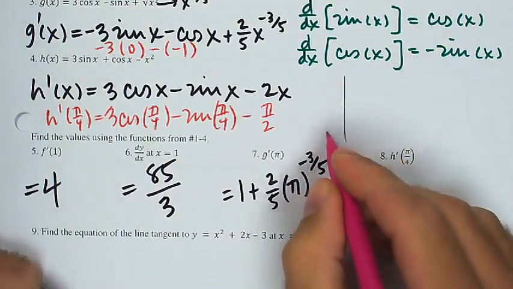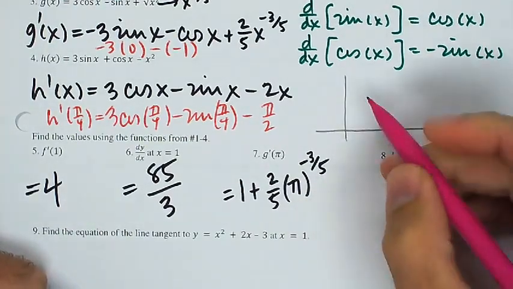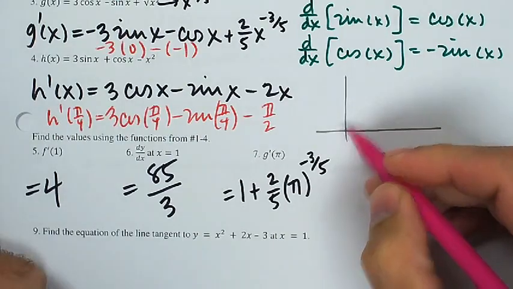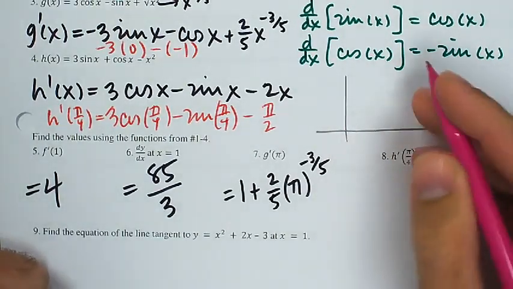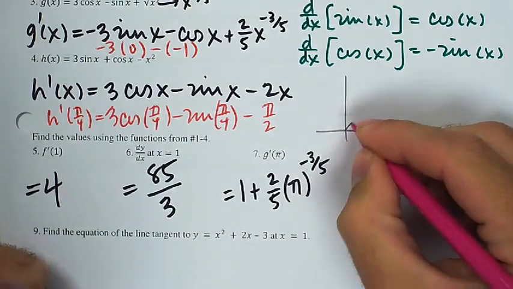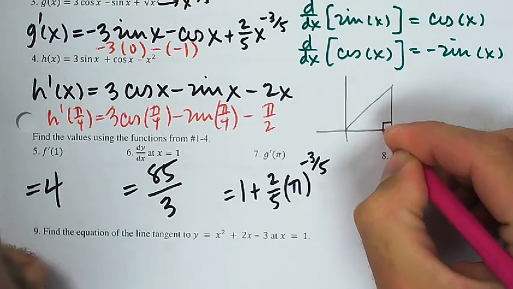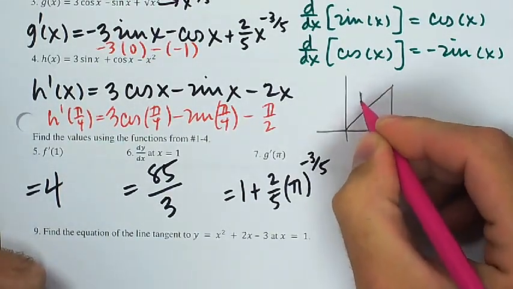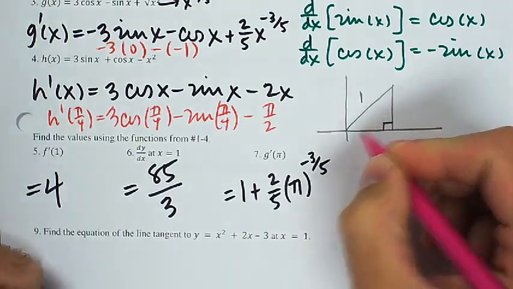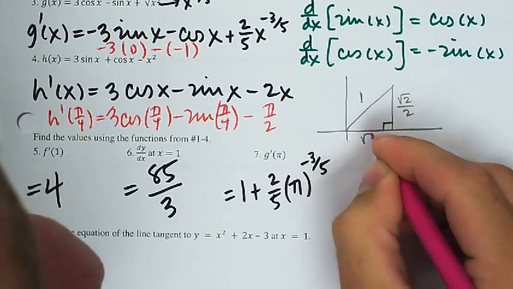Okay, I'm going to say, the over 4s, those are the ones with the 45-degree reference angle. And pi over 4 is less than pi over 2, so it's going to be over here, the one that's like 45 degrees. On the unit circle, all of the triangles have hypotenuse 1. And with the 45, 45, 90 triangle, this is √2 over 2, and that's √2 over 2.